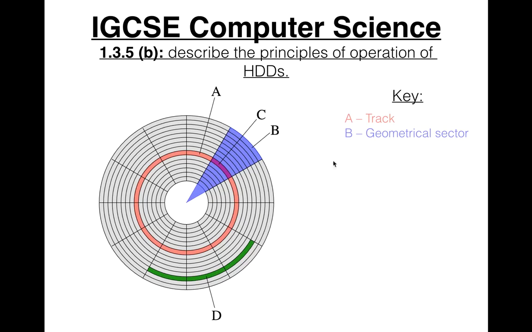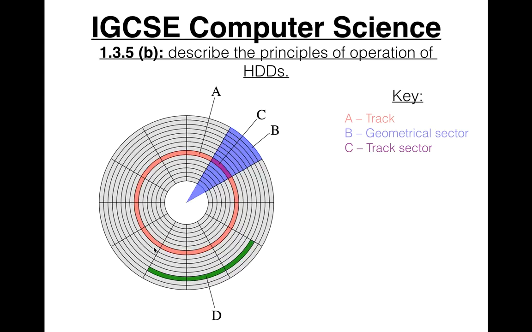Here's the confusing part: if you imagine a circle, this would be the sector of a circle. But we don't mean geometrical sector when we say sector in platters. We mean the track sector right here, this small part, the sector of a track. So that's what we mean by sector.